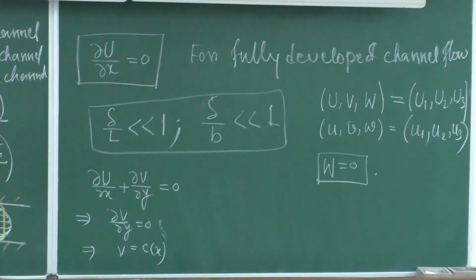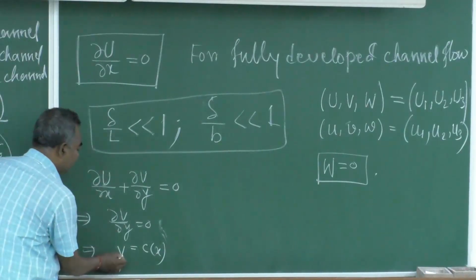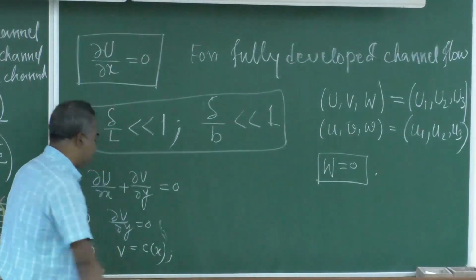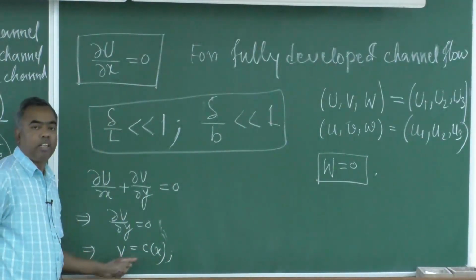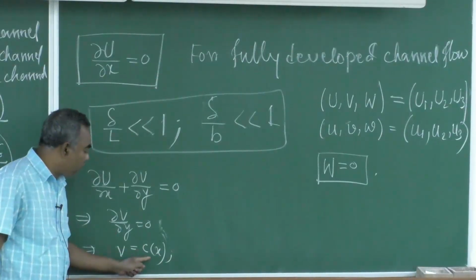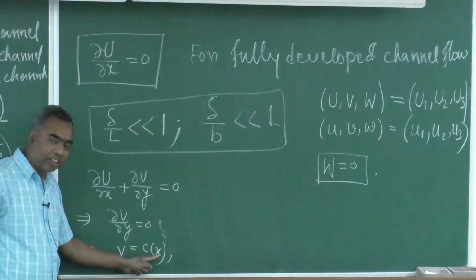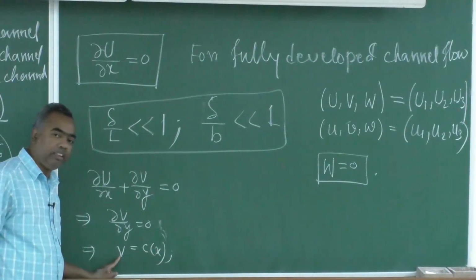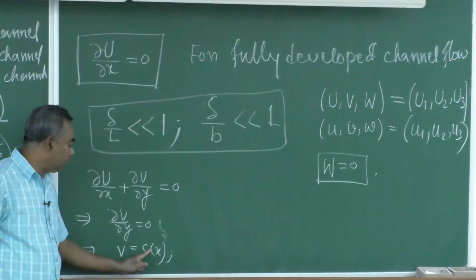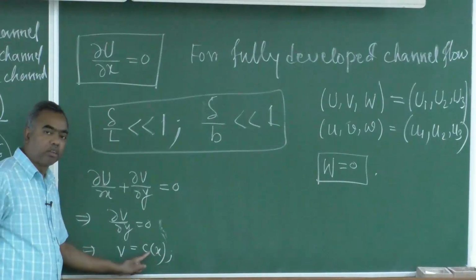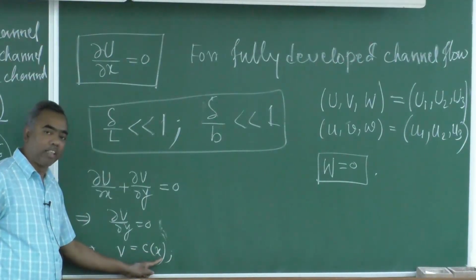Now, that c of x is some constant in x, but at y equal to 0, at any x location, the v velocity is 0. That means at any x location this constant is going to be 0 at the wall.